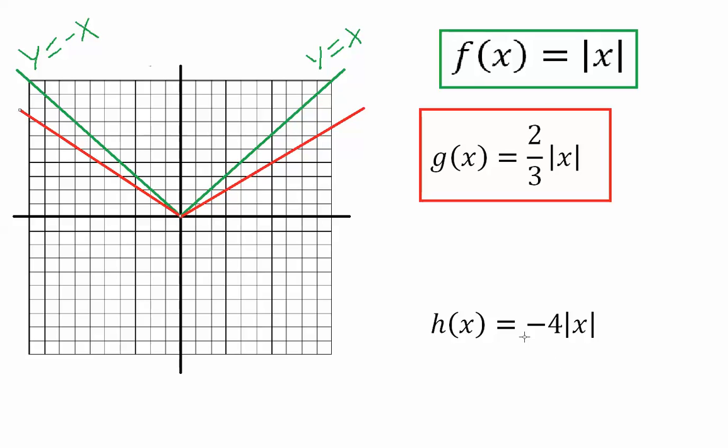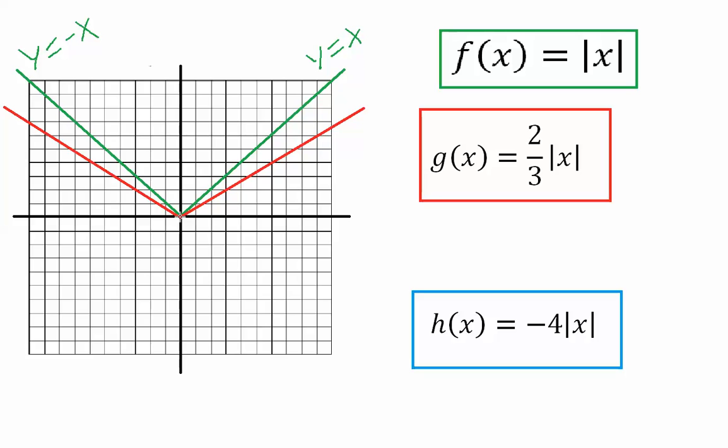Alright, now let's try this one down here. I'll graph it in blue. From the vertex, we're going to want to go down 4 and then over 1. Again, down 4, over 1.